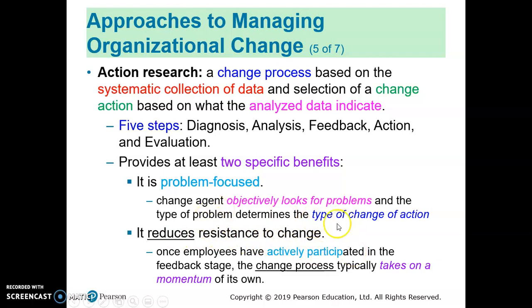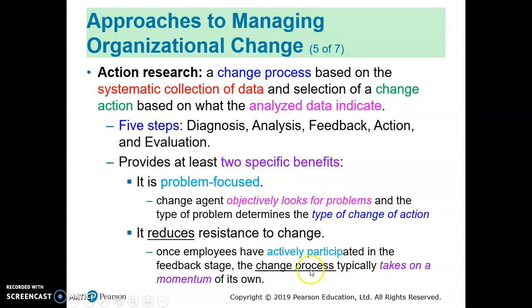If resistance to change can be reduced, then change can be implemented easily and consistently. Once employees actively participate in the feedback, where not only managers but also employees participate in the feedback process, the change process typically takes on momentum on its own.